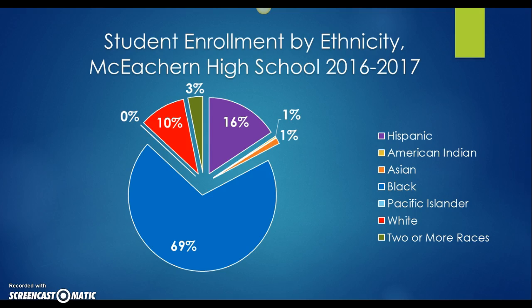Then Asian Americans represent 1%. And Pacific Islanders, there is, I think, one student in the entire school of McEachern High School. So if you look at the grand scheme of things, it's really almost 0% for that ethnicity.